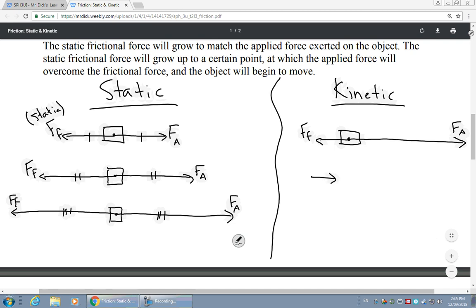What we're seeing there is that FA is much greater than FF. And that allows the object to be in motion. Specifically, as we'll see more when we get into more free body diagrams in our next note, that stronger applied force will not only make it go into motion, it'll specifically cause it to accelerate.